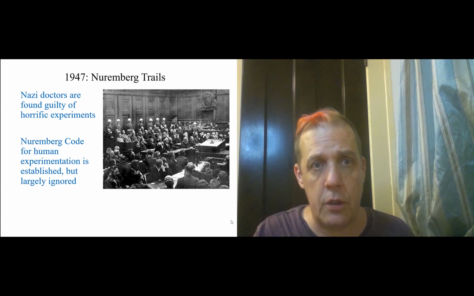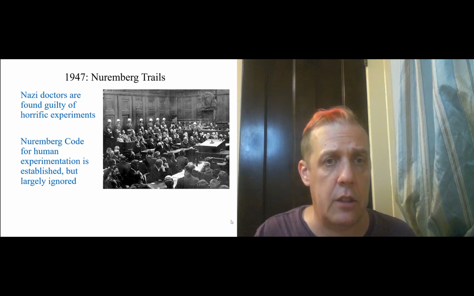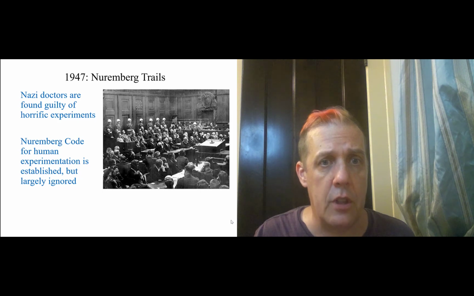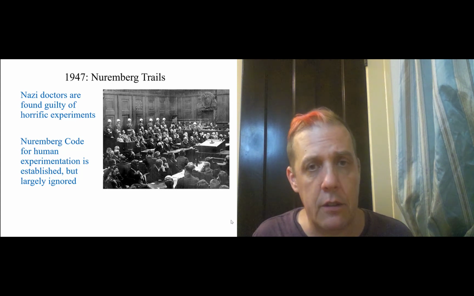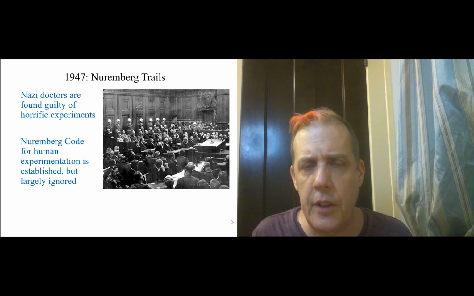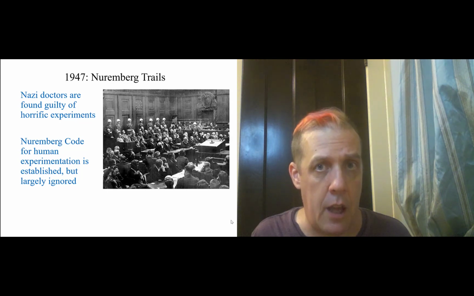After World War II and the horrific experiments that Nazi doctors conducted on concentration camp prisoners, there's a reevaluation of this whole thing. And just to remind everyone, the Nazis would do things like throw someone in a pool of ice water to see how long it would take them to freeze to death.